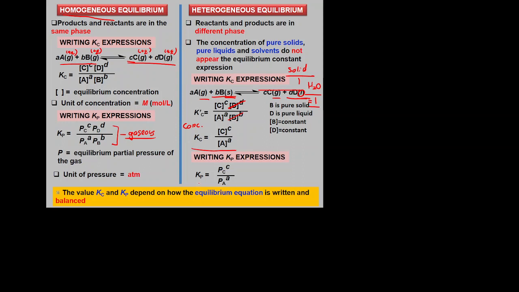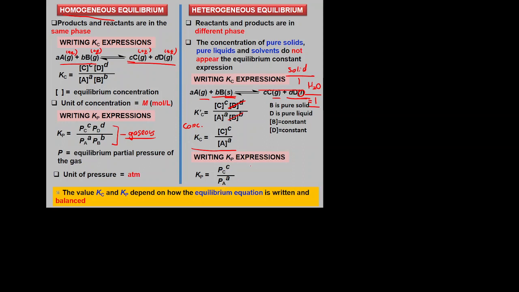And kalau untuk pressure, apa je yang boleh ada pressure? So gas boleh ada pressure, solid tak boleh ada pressure, and liquid also tak boleh ada pressure. So untuk yang gas, you will only left with C squared. So partial pressure of C squared over the partial pressure of A squared.